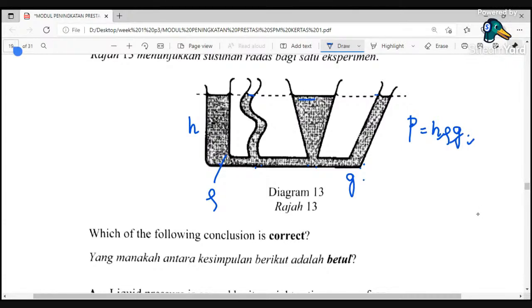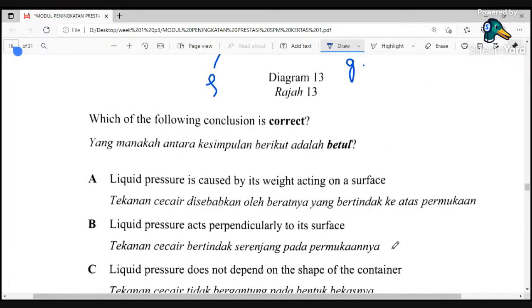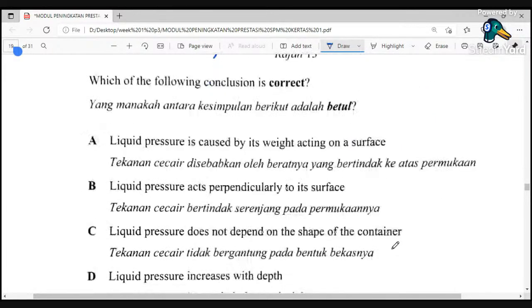So does the shape affect? You can see there's no factor area here or any factor related to shape. So the shape does not affect the pressure. Even though they have different shape, if the depth, density and the value of G are same, then the pressure must be same. Okay, jadi bentuk tidak mempengaruhi tekanan cecair ya.